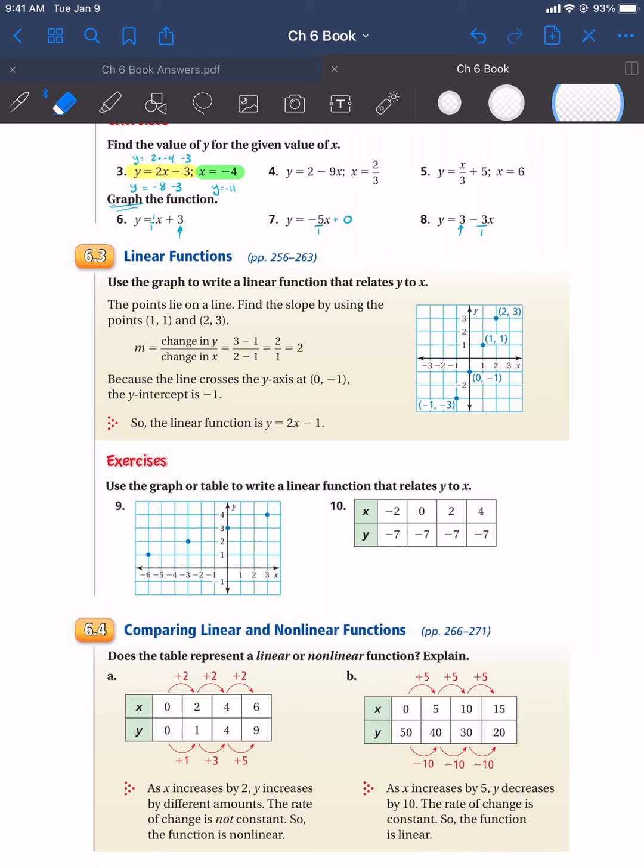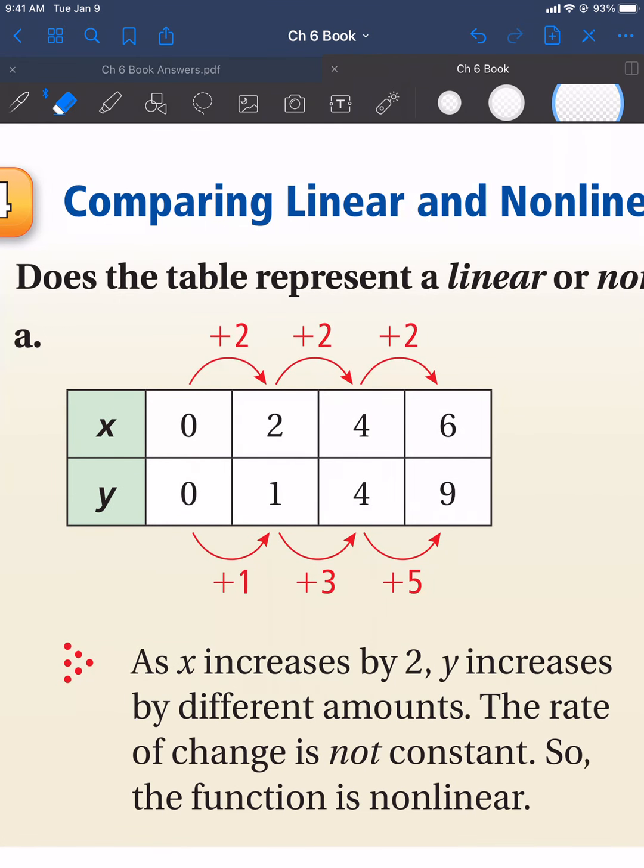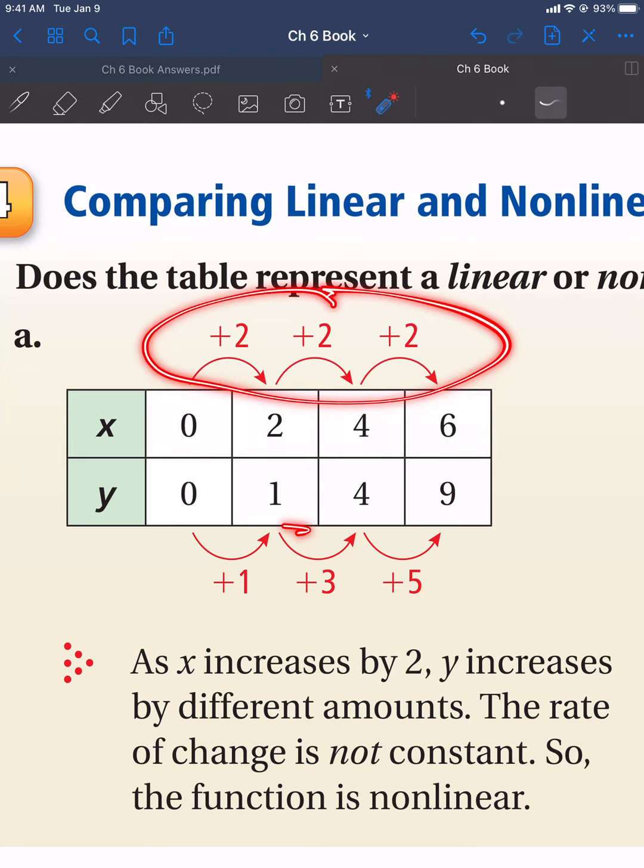All right, 6.4, comparing linear and nonlinear. You guys did such a good job on these. If something is linear, your x's and your y's will have a pattern that's constant, right? As you can see, the pattern for my x's is constant. Yeah, but my y's screwed it all up, right?